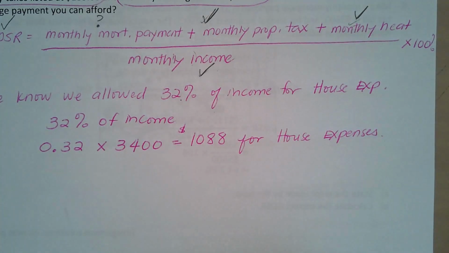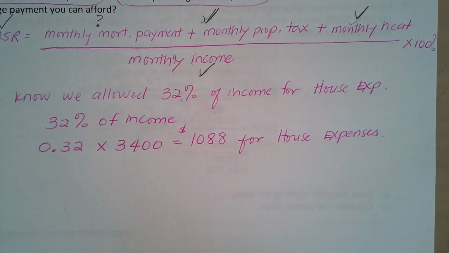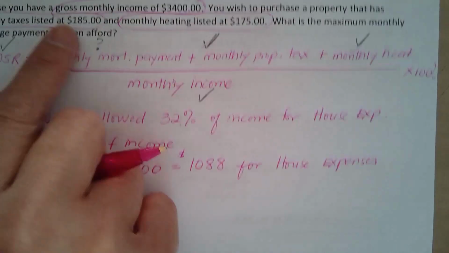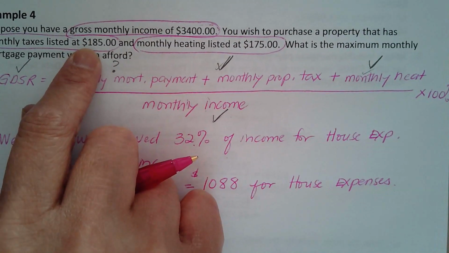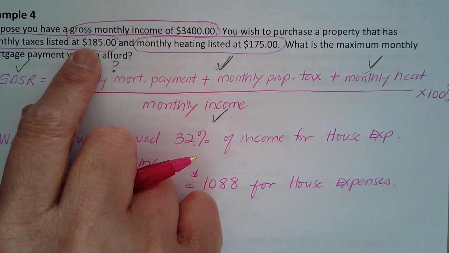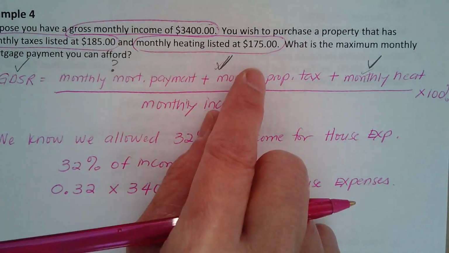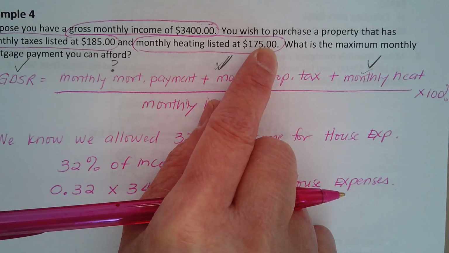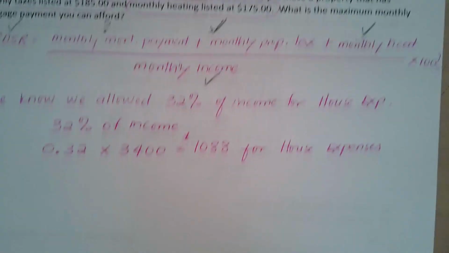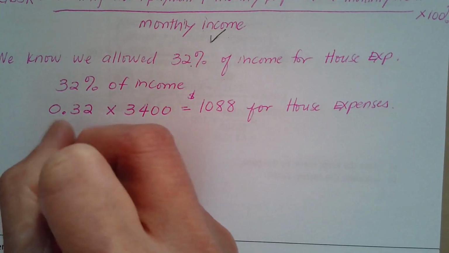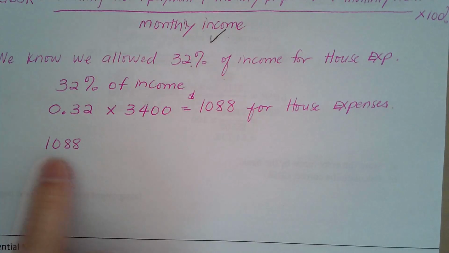Okay. Well, what are the house expenses? They said here that property tax is $185. The heat is $175. So 1,088 is what's allowed.